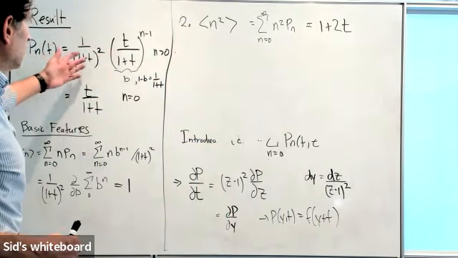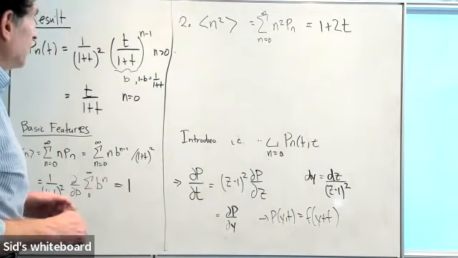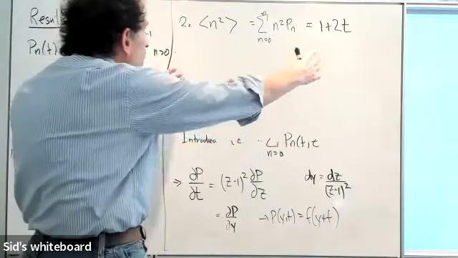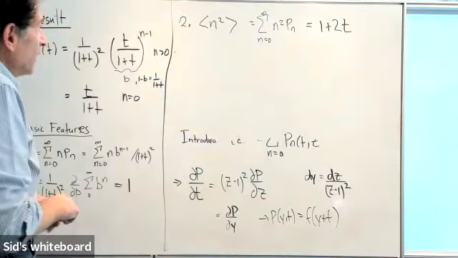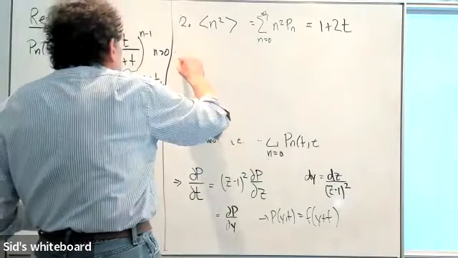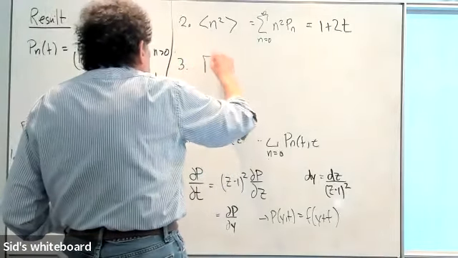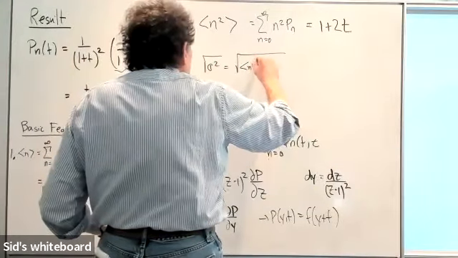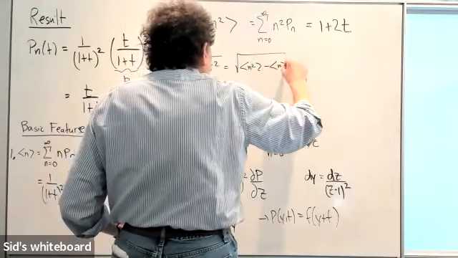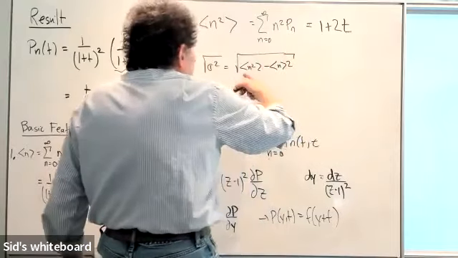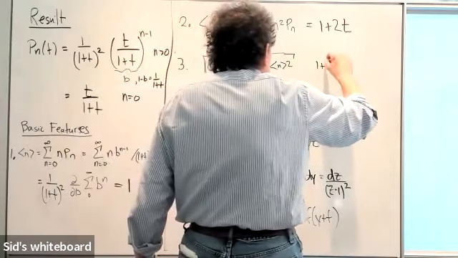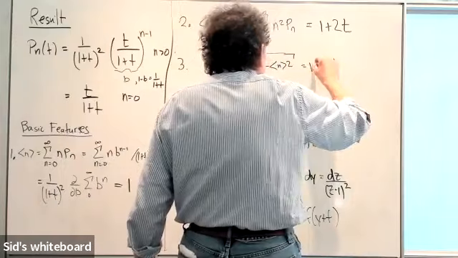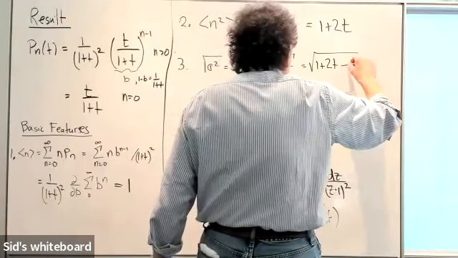So what it says then is that even though it's a monotonic distribution as a function of n, it's decreasing as a function of n, it's very broad because the width of the distribution is of the order of the average value. So if I look at, for example, the square root of sigma squared, this is equal to the square root of n squared average minus n average squared. So n squared average is 1 plus 2t, minus n average squared, which is 1.